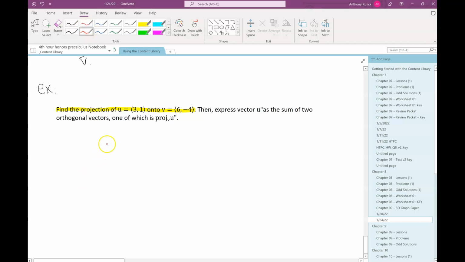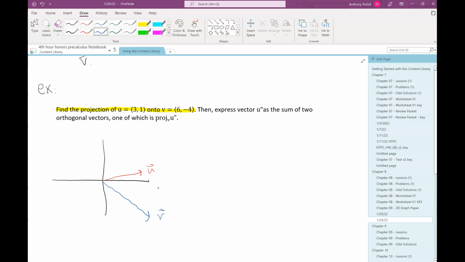So if I wanted to do this, let's just sketch a picture here in the beginning. It's not really necessary that you draw a picture of these things, but as you're getting used to doing these things, I think the picture can be helpful. I plotted something that looks like, to me, (3, 1) and then (6, -4).